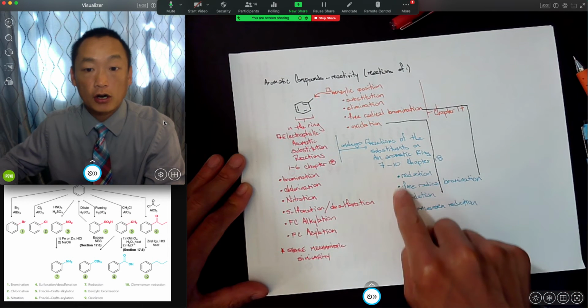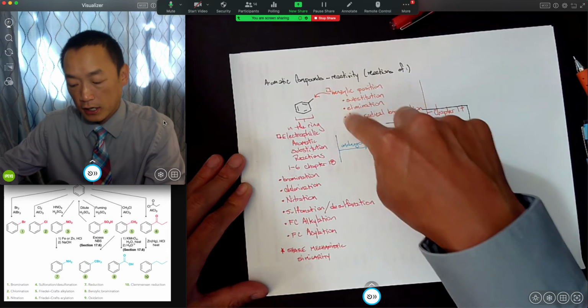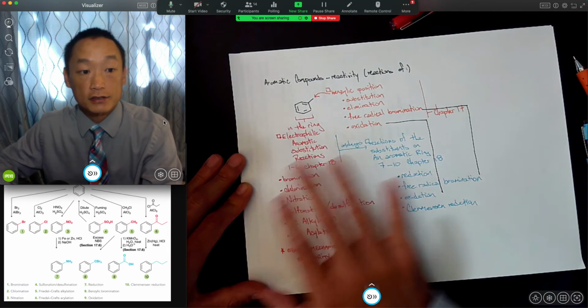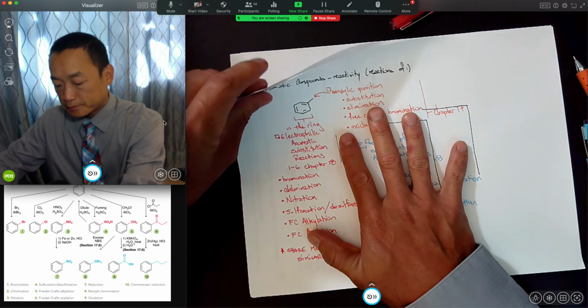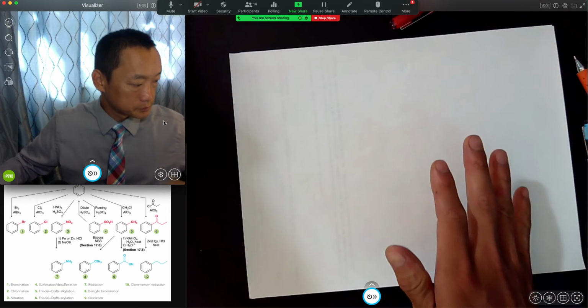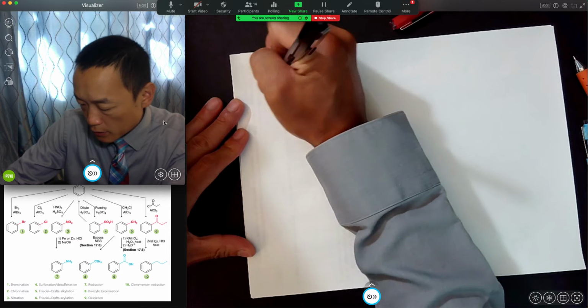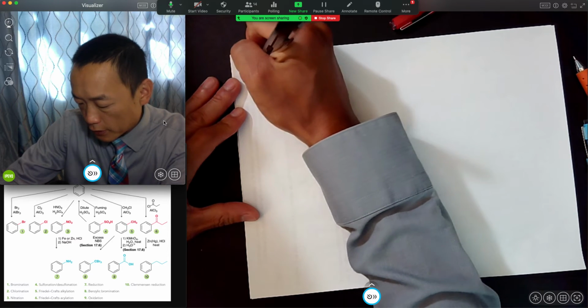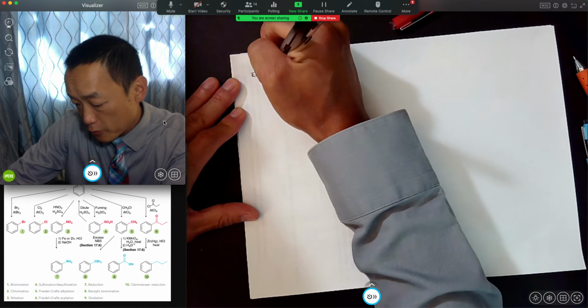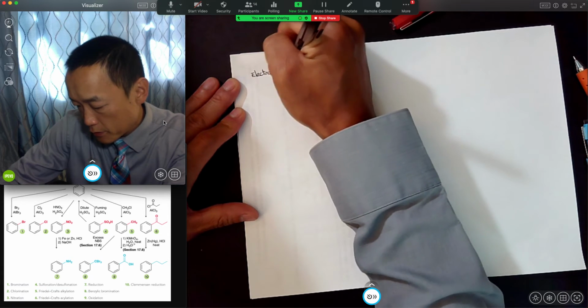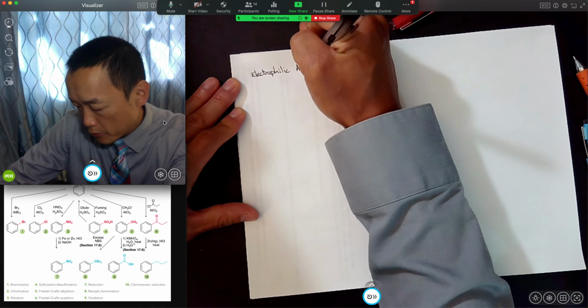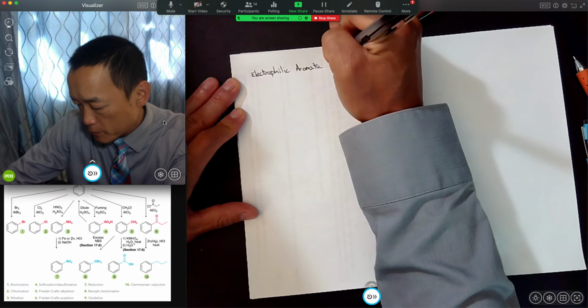And then we'll talk also about some of these other benzylic position reactions. First, electrophilic aromatic substitution.